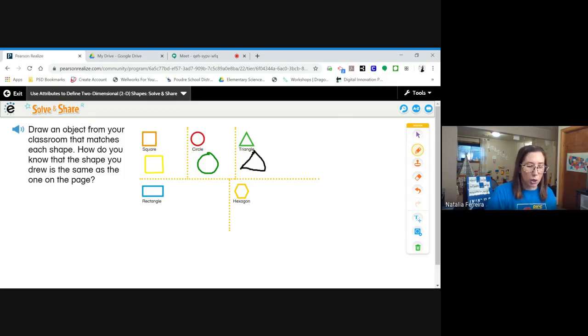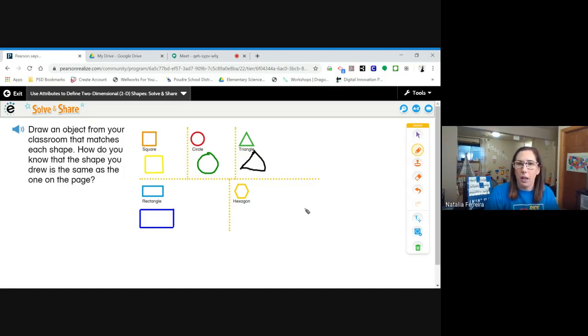Okay, 2 long sides, 2 short sides, but 4 vertices. Let's see, I'll make this one blue. There's 1, 2, my iPad's not that long. 2, 3, 4. Okay, so that would be my iPad.